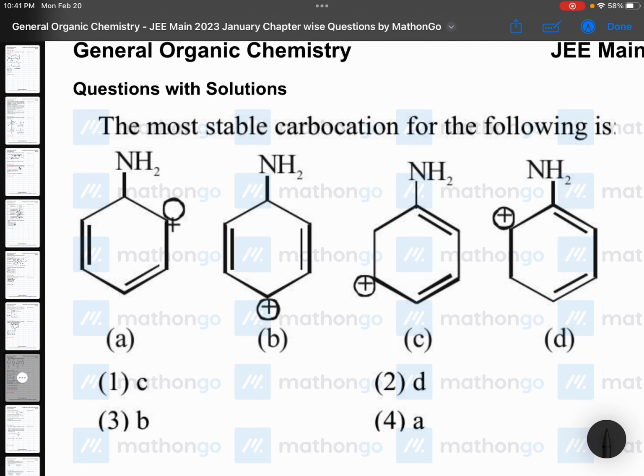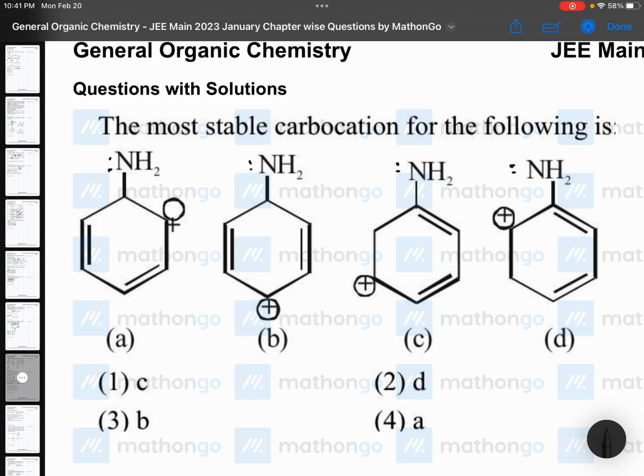Question with solution. The most stable carbocation for the following is... There should be some plus charge, and you have to give the electron pair. More conjugation, you see.